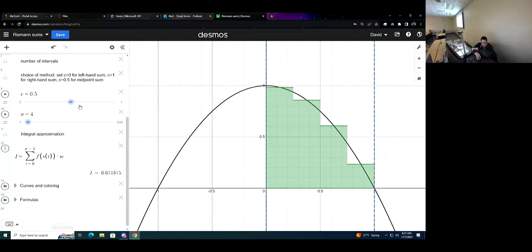If we do right endpoint, we get something that's much lower. So let's go back to the left endpoint. If we raise n up, let's start with 25.